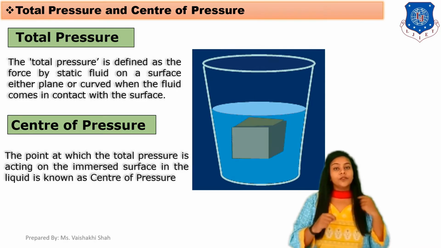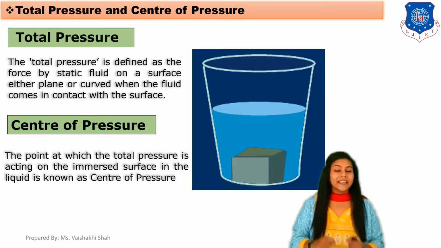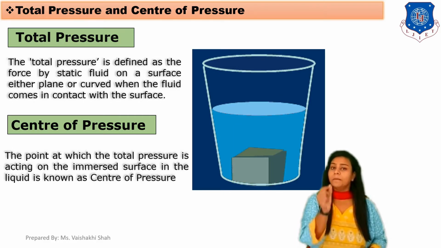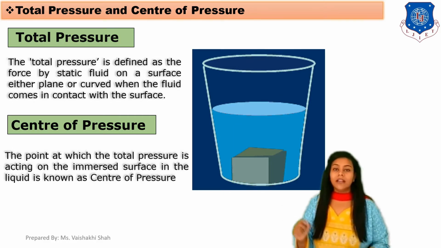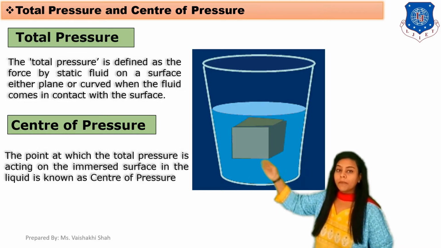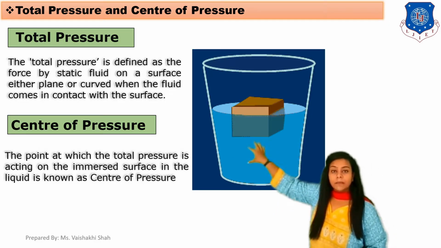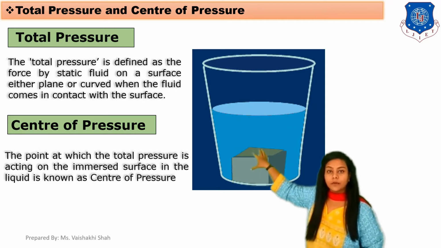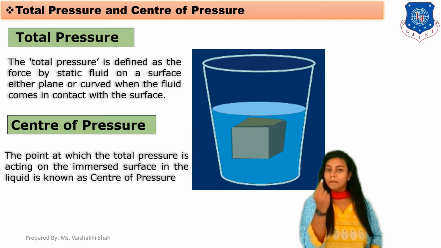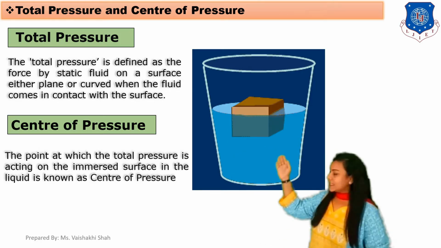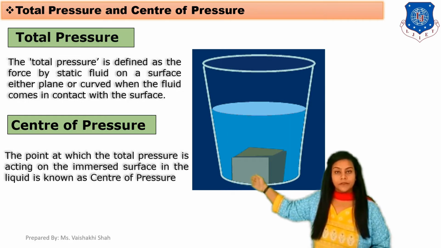Likewise, the total pressure is acting from some particular point. So that particular point is called center of pressure. As you can see in this diagram, there is total pressure force acting on this cube. Now total pressure force is acting from some particular point, then that point is called center of pressure.